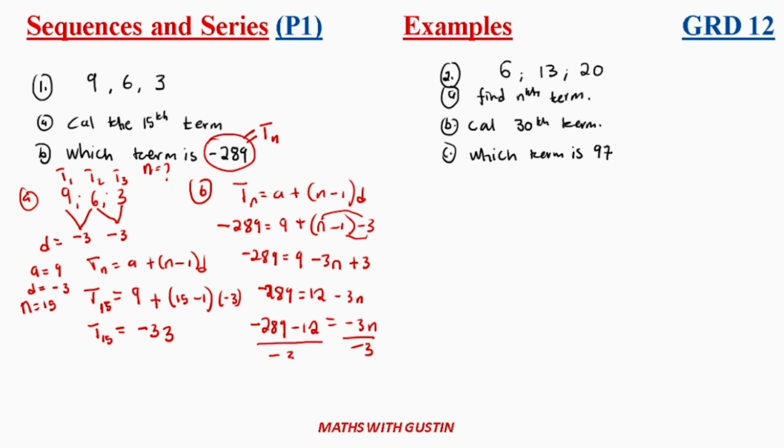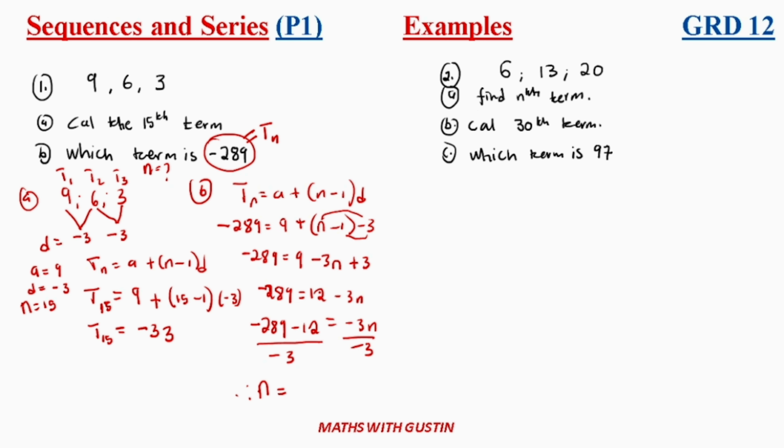So therefore n will have to be equal to how much? Let me just quickly come to my calculator here. Negative 289 minus 12, divided by negative 3.